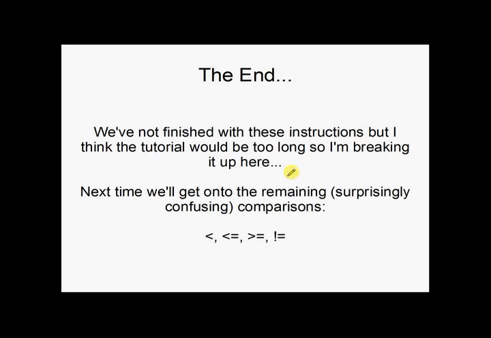I'm going to break right here, but you might have noticed that we were missing a bunch of comparison operations, say less than or equal to, greater than or equal to, and not equal to. MMX doesn't actually provide instructions for that. It only provides the equal to and greater than operations. So next video we're going to have a look at how you achieve these in MMX.